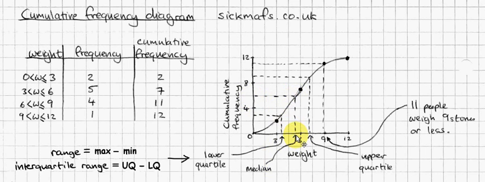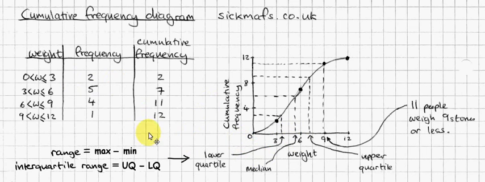His or her weight is about 5, let's just say 5 stones. I haven't even said what unit we're using because it doesn't really matter here. So 5 stones is the median weight of all the people, not just that person.